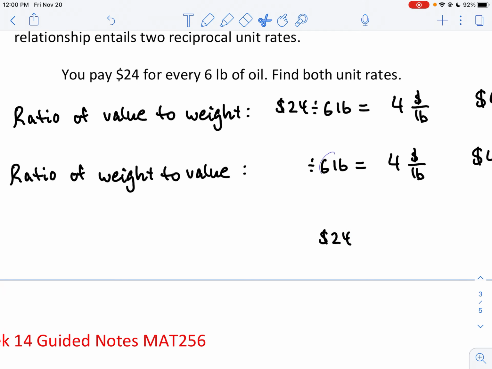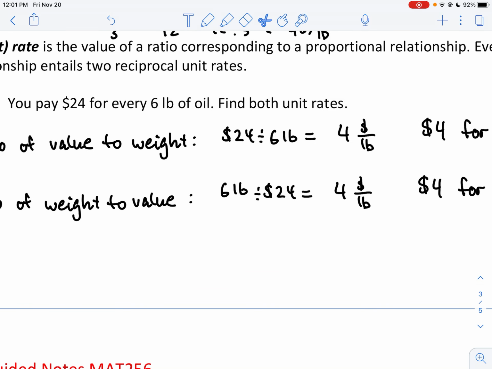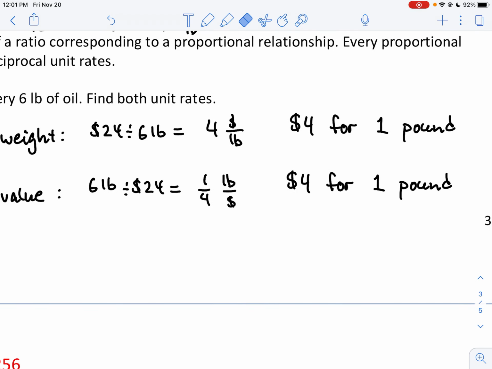Instead of dividing, you'd divide the 6 pounds by the $24. And 6 divided by 24 is 6/24, and 6/24 is 1/4. So we get a reciprocal answer here, 1/4, and the unit is a reciprocal unit. It's pounds per dollar. So this is saying that for every $1 that you have, you can only buy a 1/4 pound. So 1/4 pound for $1.